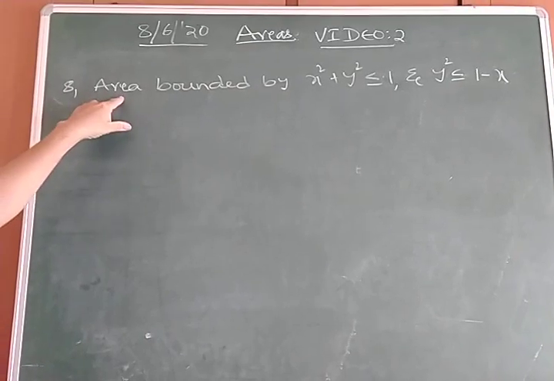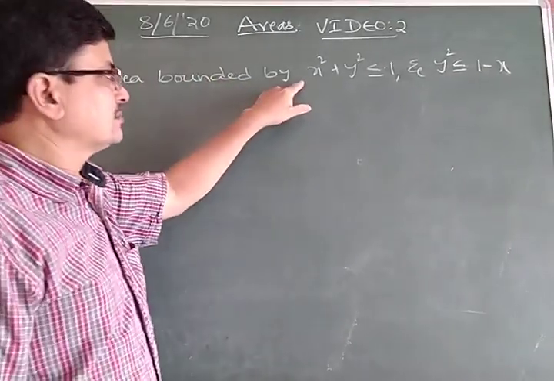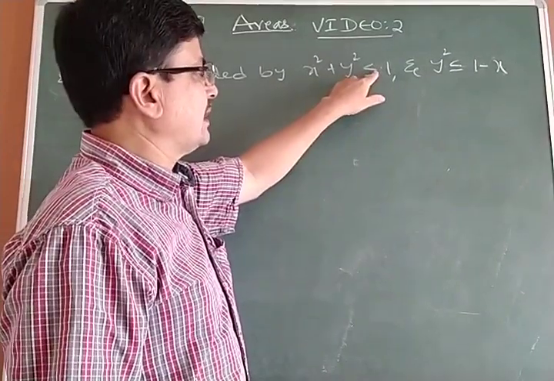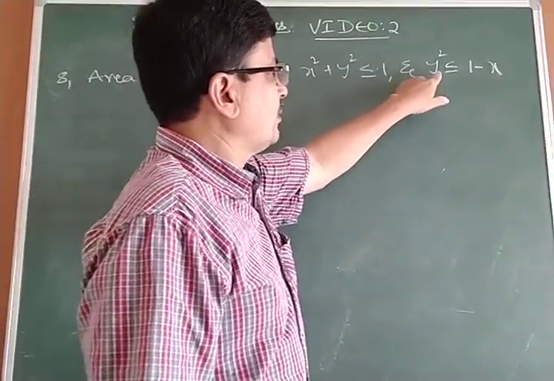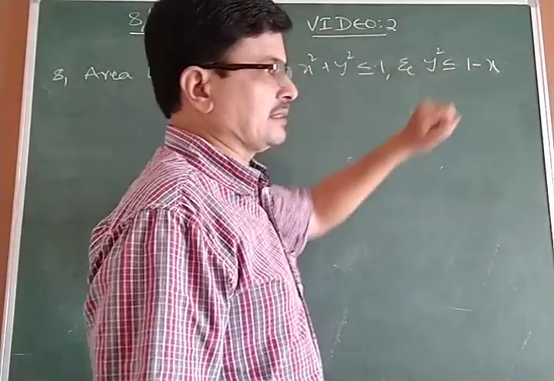Question number 8. Area bounded by x square plus y square less than or equal to 1 and y square less than or equal to 1 minus x.